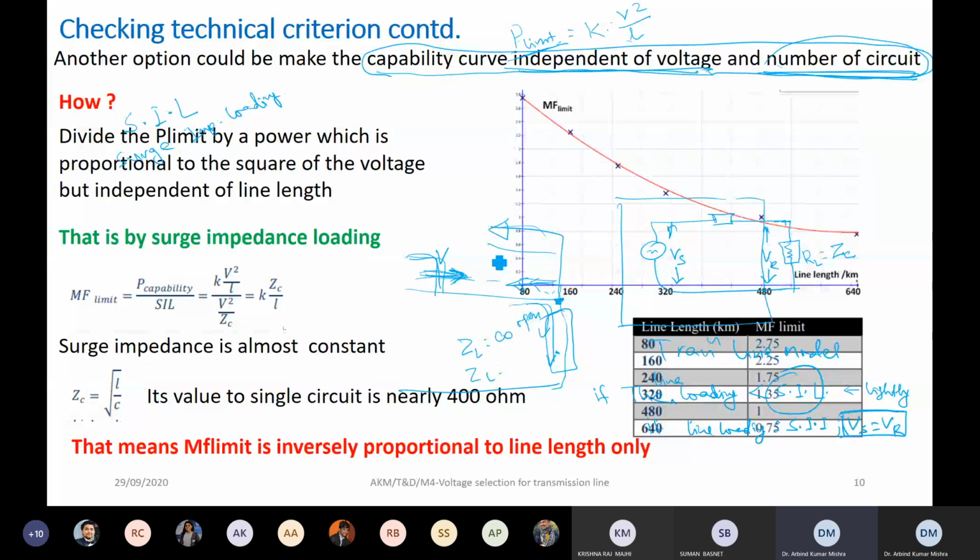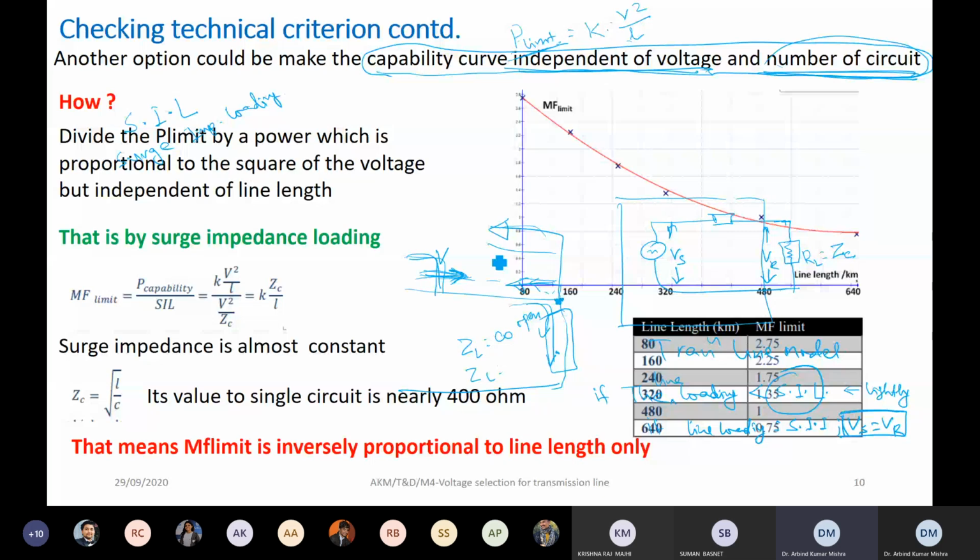Okay, so now with the multiplying factor, how can we use it again to check the technical requirement? I have already explained what V standard 1 and V standard 2 are.